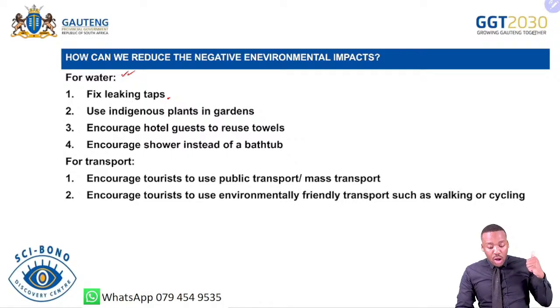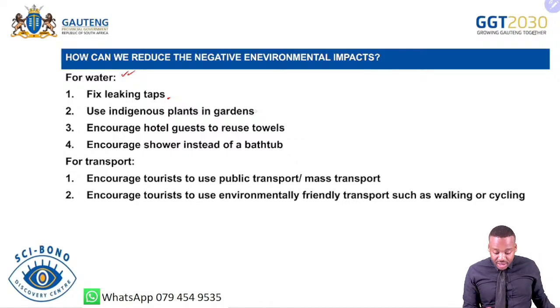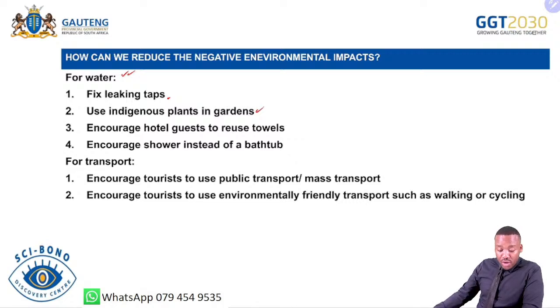Right? Use indigenous plants in your gardens. Why do you want these ones? Remember, we spoke about alien plants in grade 10. When you're speaking about indigenous plants, these are the plants that do not use too much water, right? So when you have planted such plants in your garden, then you are going to be reducing your negative effects on the environment.